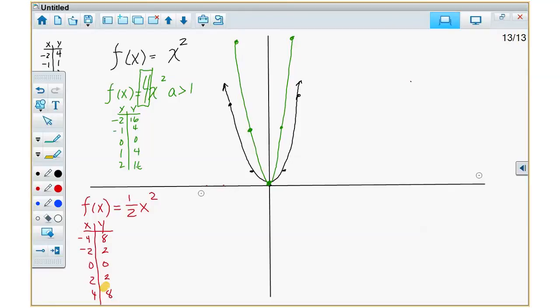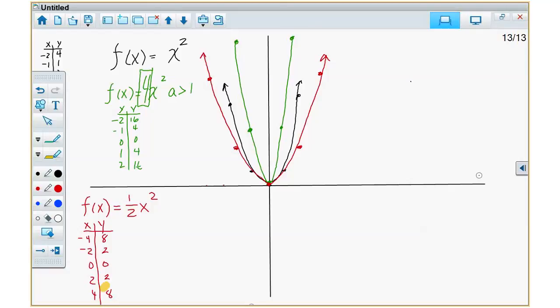We said this was 4, so 8 would be right in there, and 4 and 8 would be right in there. And what do you notice about the red? It's wider than what? Right, wider than the basic model.